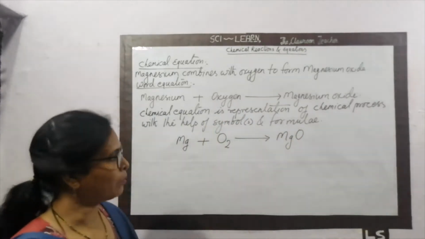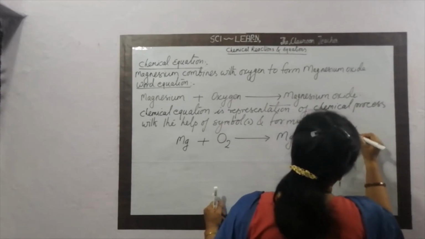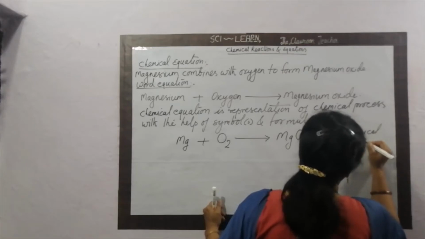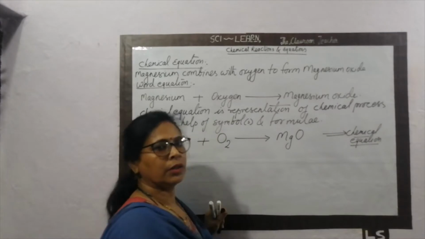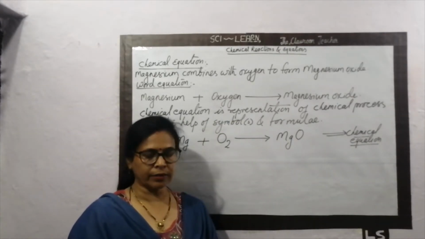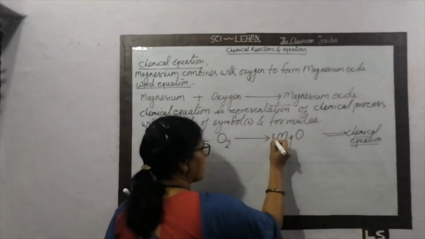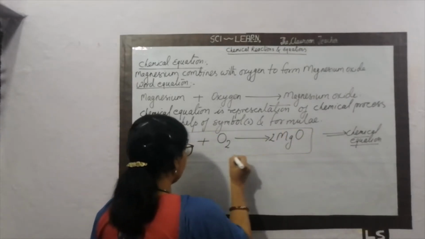This is called a chemical equation, the representation of the chemical process with the help of symbols and formulae. We take it as an example.